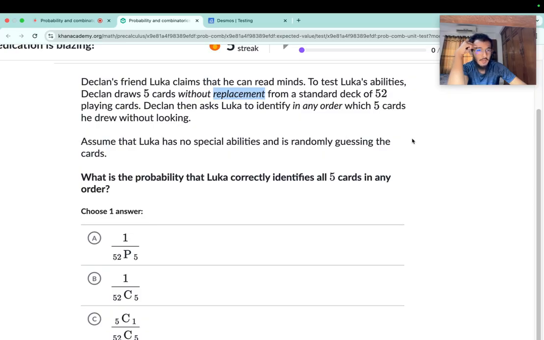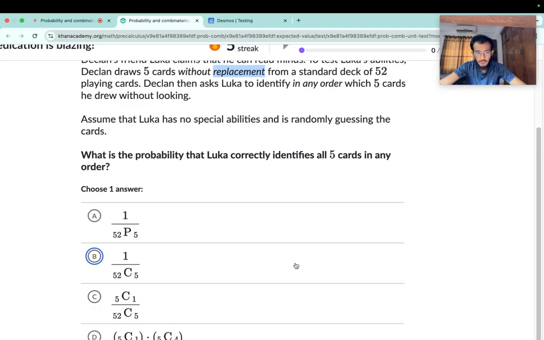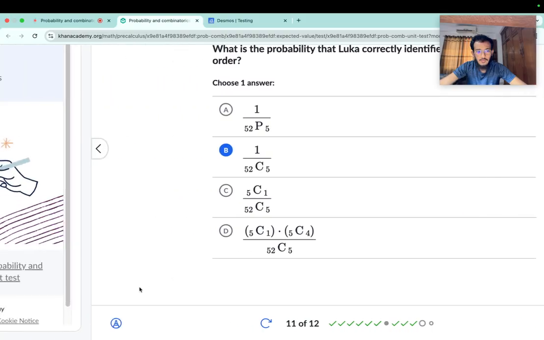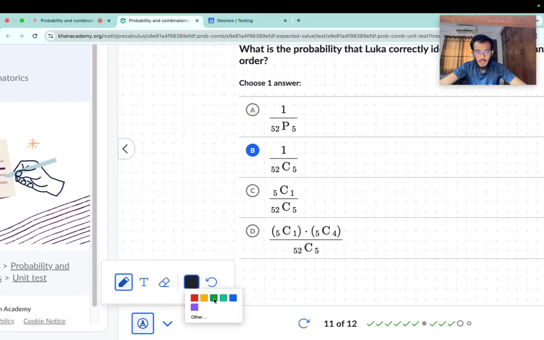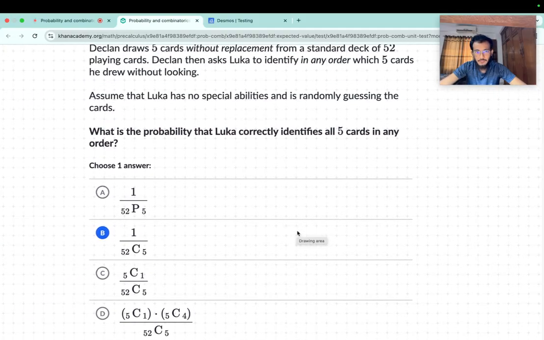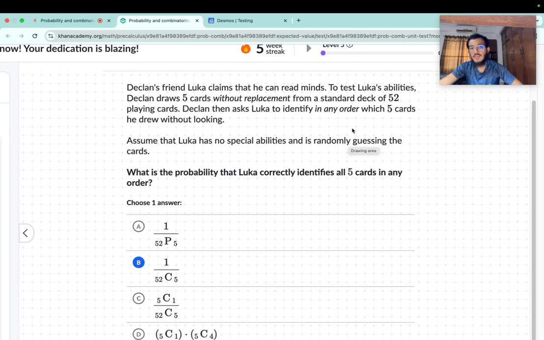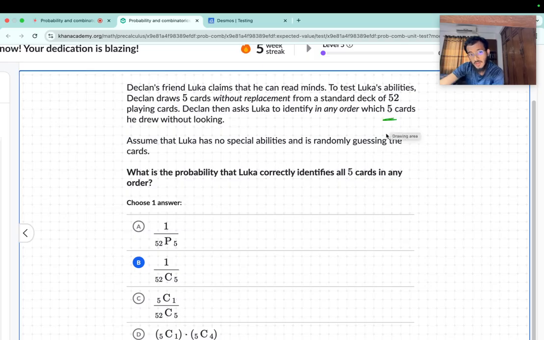But without replacement. So favorable outcome over total outcome. Five cards without replacement from a standard deck of 52 playing cards. Declan asks Luca to identify in any order which five cards he drew without looking.